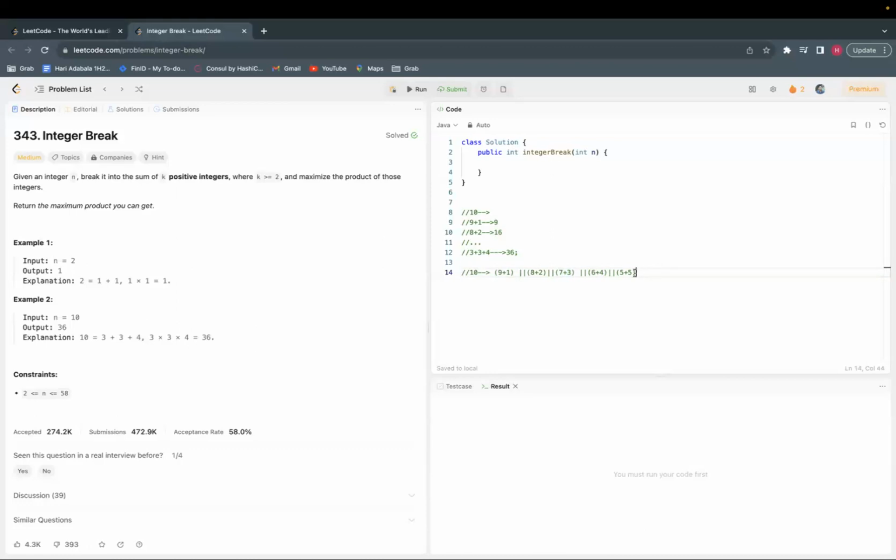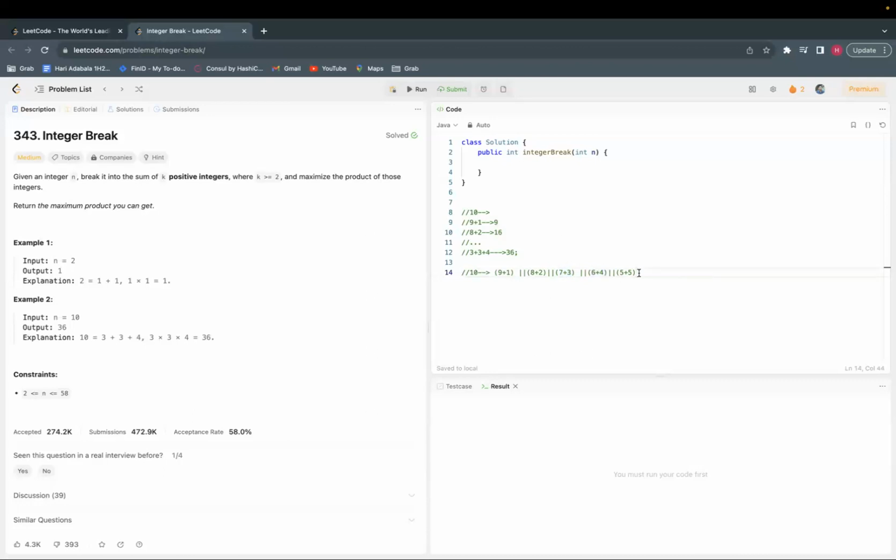Out of these, 9 star 1 is 9, 8 star 2 is 16, 21, 24, and 25. But here we can divide this 9 further, this 8 further, this 7 further, and 3 further, 6 further, and 5 further.